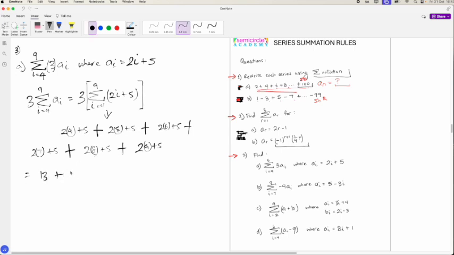Plus 5 2s are 10, and 5 is 15. Plus 6 2s are 12, 12 plus 5 is 17. Plus 7 2s are 14, 14 plus 5 is 19. Plus 8 2s are 16, plus 5 is 21. Plus 9 2s are 18, plus 5 is 23. That gives us 108.